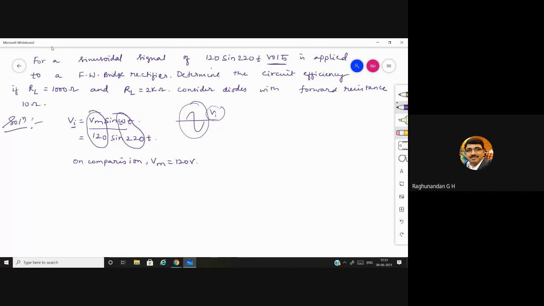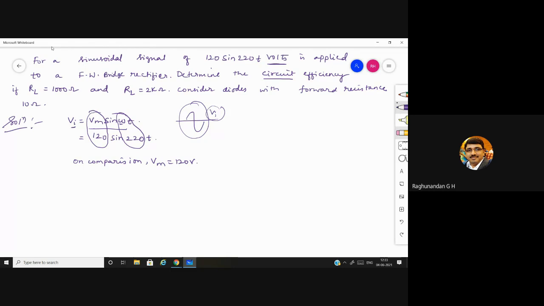I have given this circuit efficiency purposefully because if they twist the paper, they can ask like this. Circuit efficiency is nothing but rectifier efficiency only. Circuit means which circuit? Rectifier. So please remember this also.